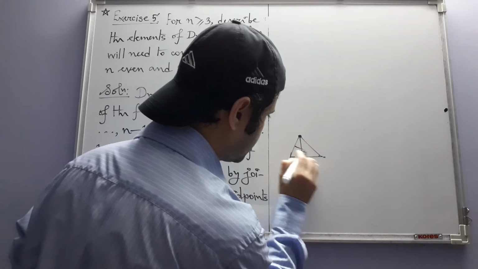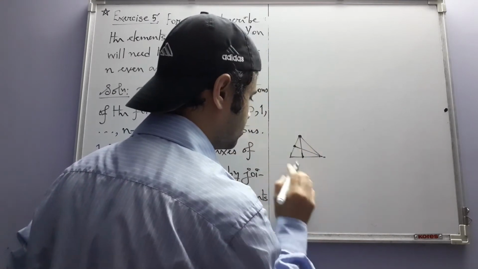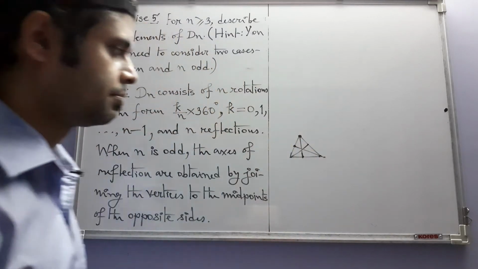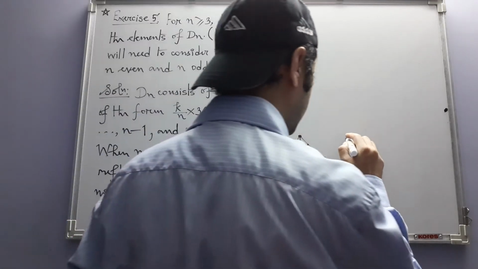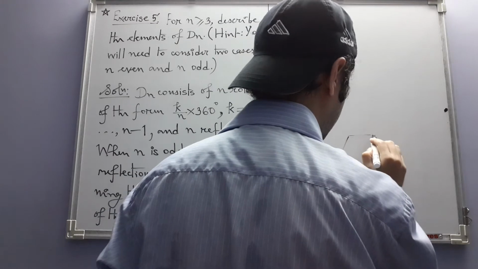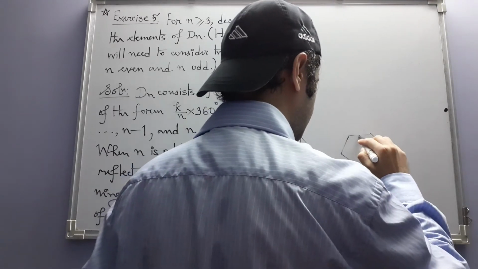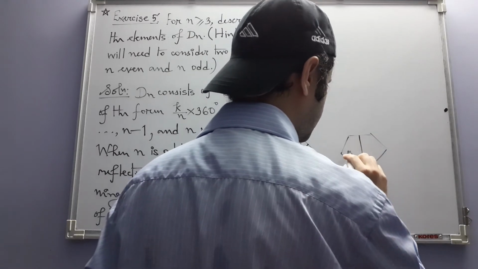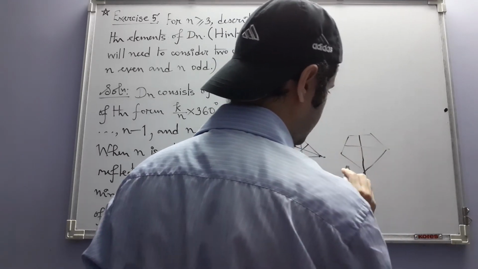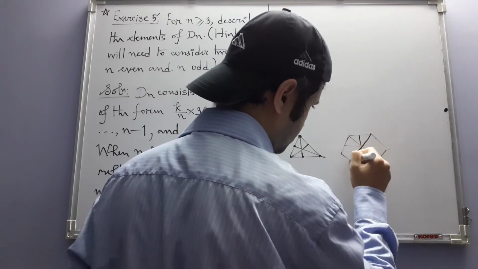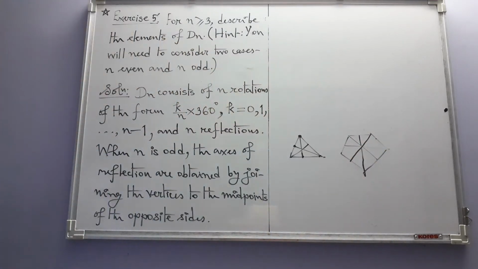Or you can consider this axis, or you can consider this axis. And if it is a regular pentagon we have seen today, then also same thing, either this axis or this axis, or this one or this one. Okay.